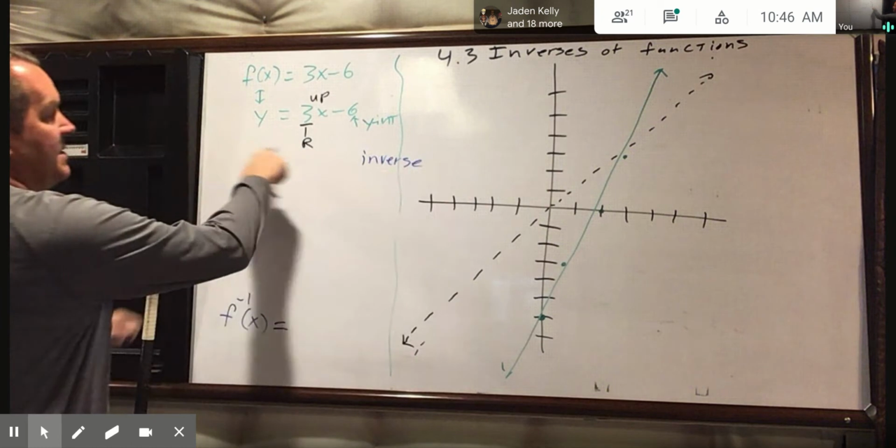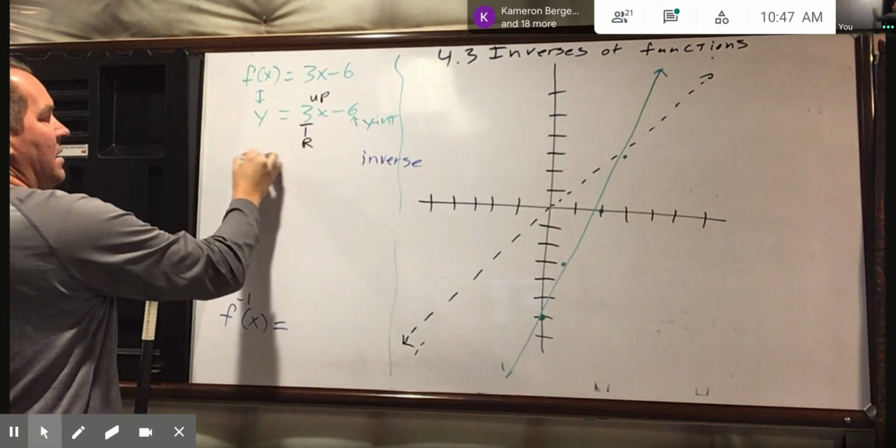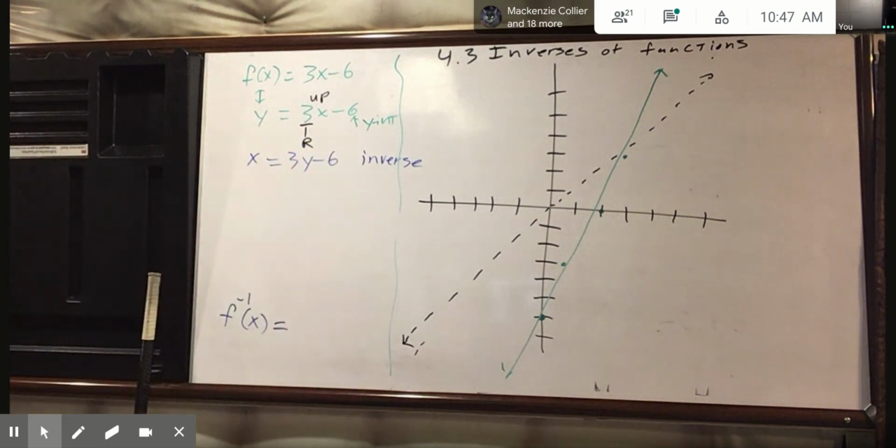I'm going to rewrite this equation, y equals 3x minus 6, but the x is going to come here, and it's going to be 3y minus 6. Everybody got that? All right.